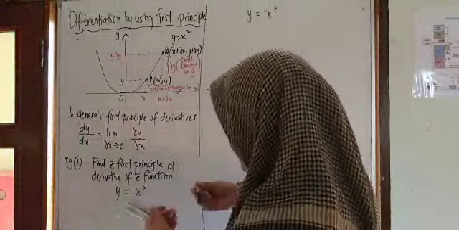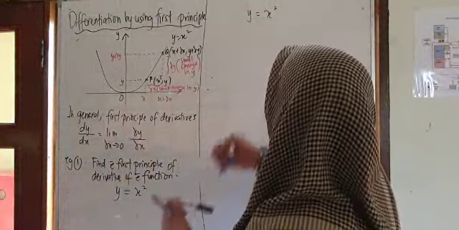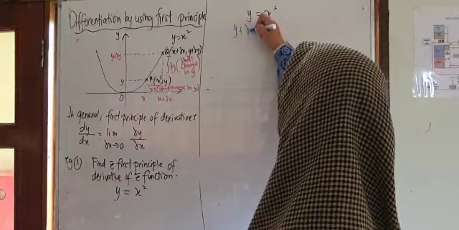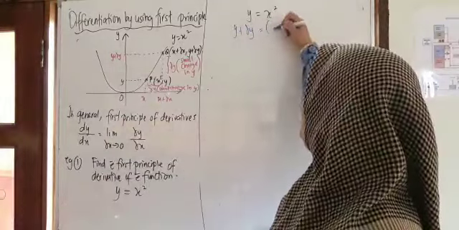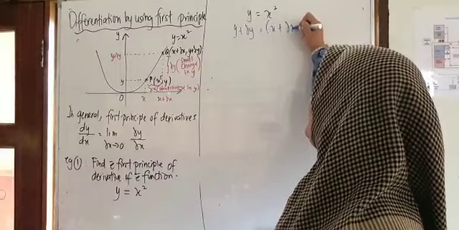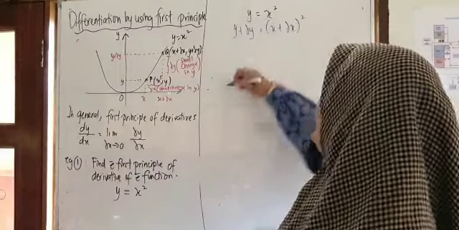So y plus the changes in y. So do x. Okay, x must be added with delta x, and then squared.